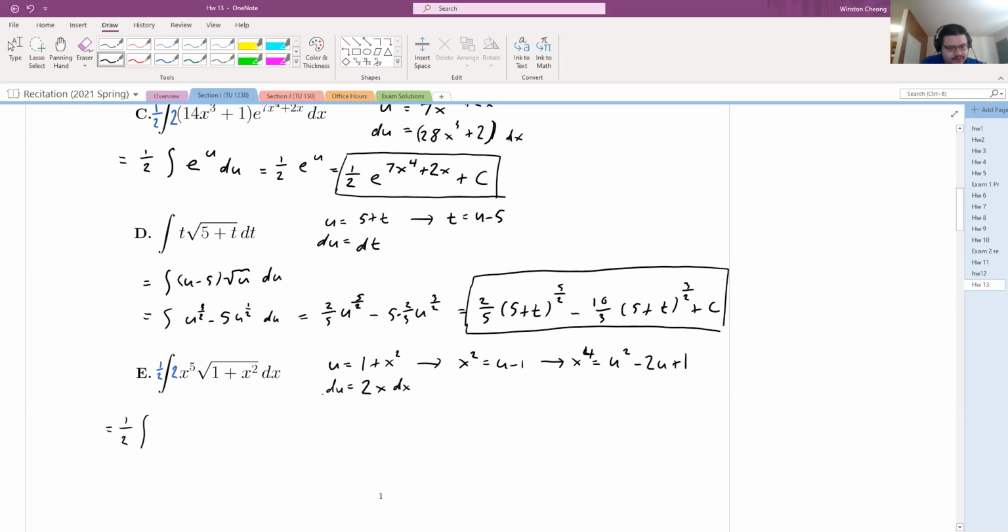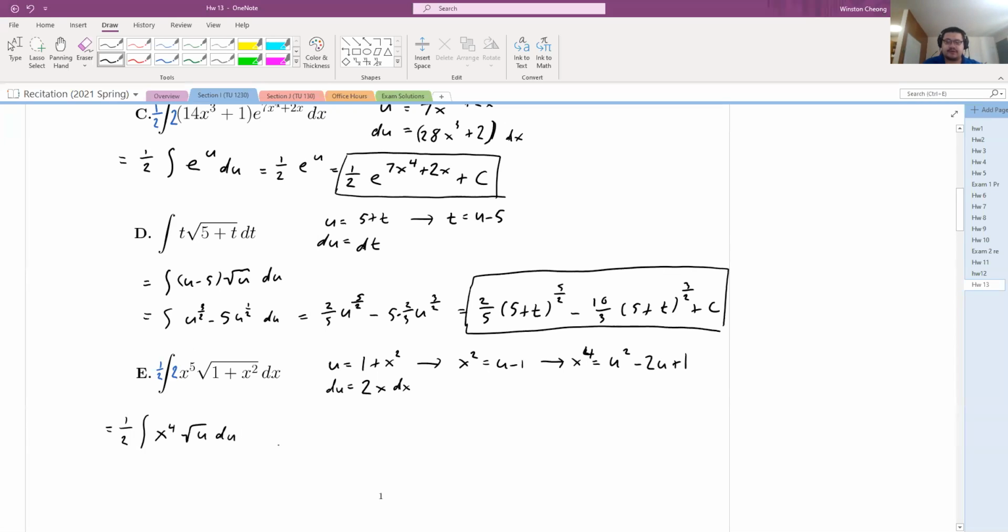Okay, let me also show you, if you couldn't reason that out immediately, one way you could try to do this is a partial conversion of our integral. You could convert the square root and the dx. And then what you would end up seeing is something like x to the fourth square root of u du.